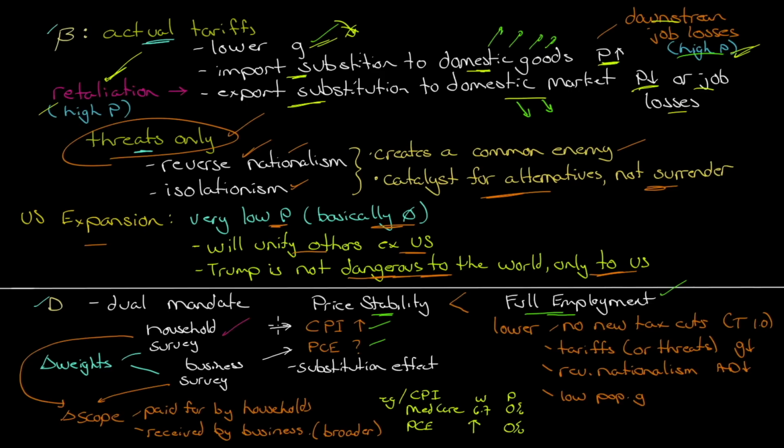CPI is based on a household survey. PCE is based on a business survey. It is broader. It covers more categories than the household survey, and it has different weights and different scope, obviously, because it covers more. Household survey is measuring those things that are paid for by the household itself, and the PCE is measuring those things that are received by businesses.